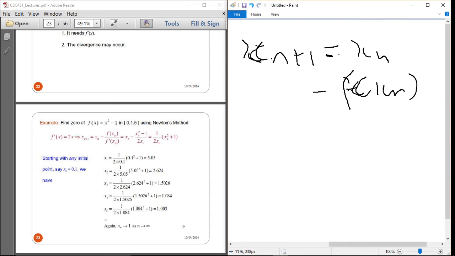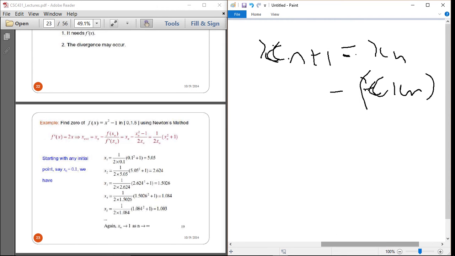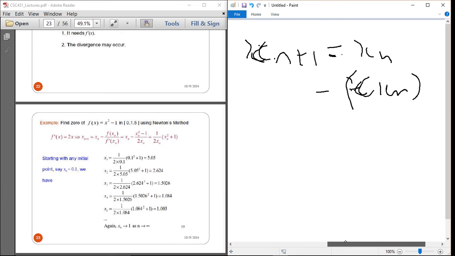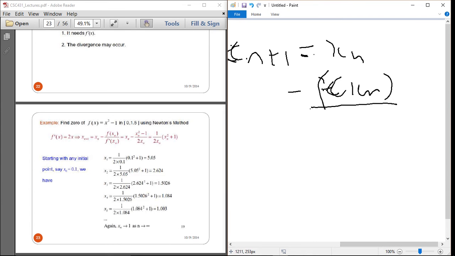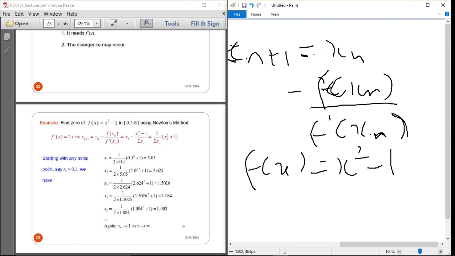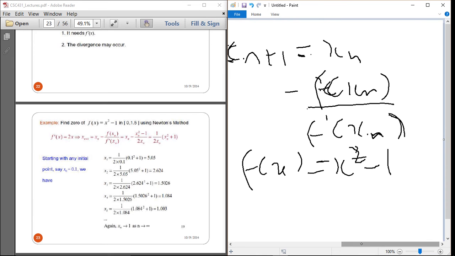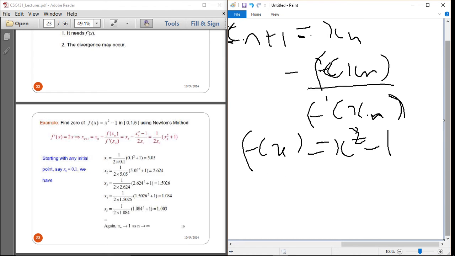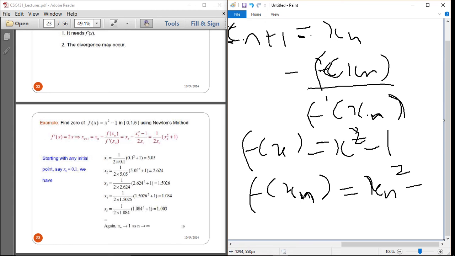Looking at this function, our f of x is x squared minus 1. So we are going to substitute xn everywhere we find x. So we're going to have f of xn equals xn squared minus 1.